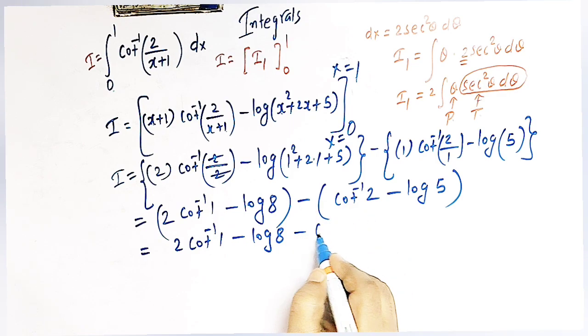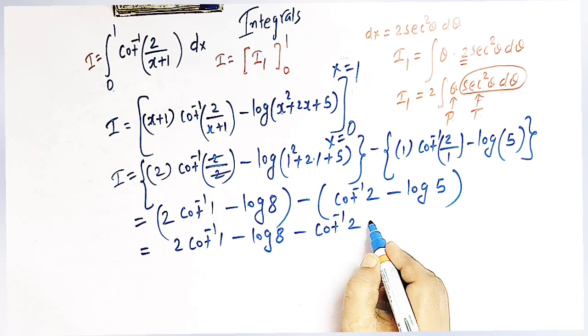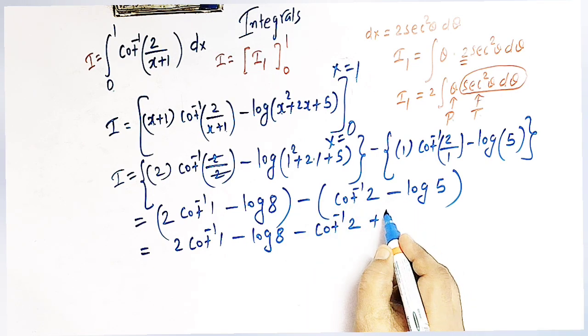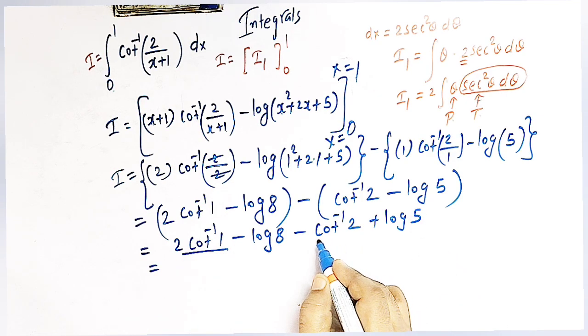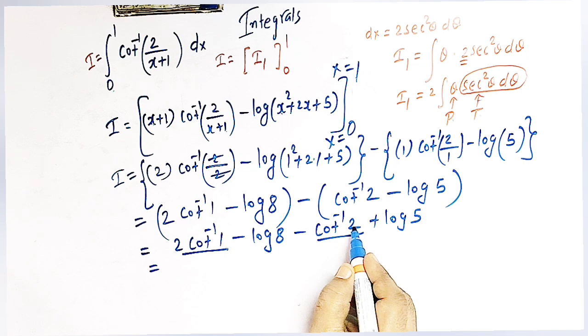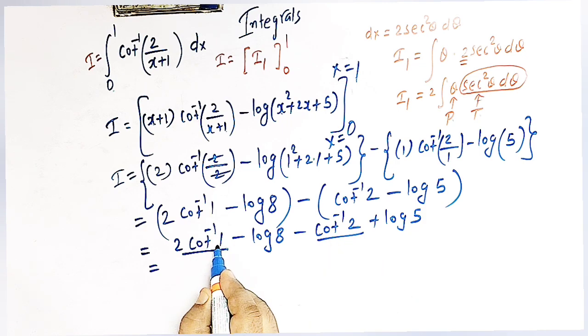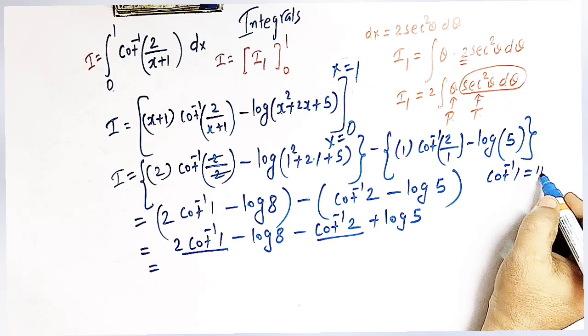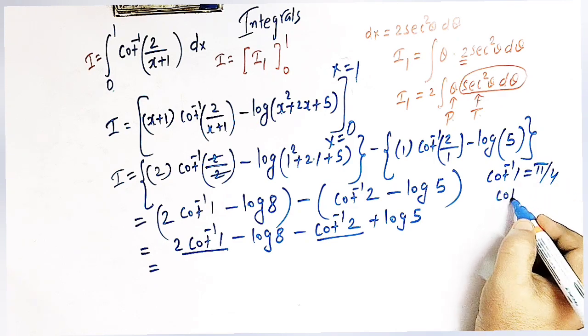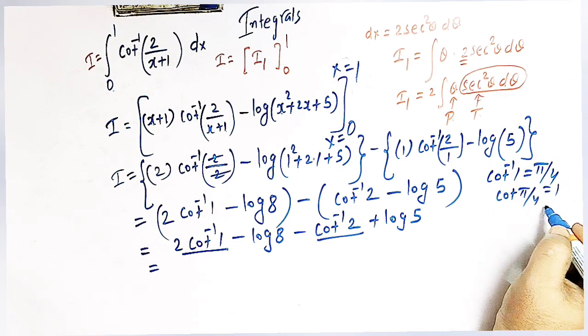Then we have minus cot inverse 2, and this is plus log of 5. So 2 cot inverse 1 minus cot inverse 2. Cot inverse 1 is pi by 4, because cot pi by 4 is equal to 1.